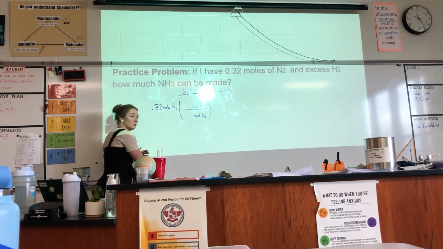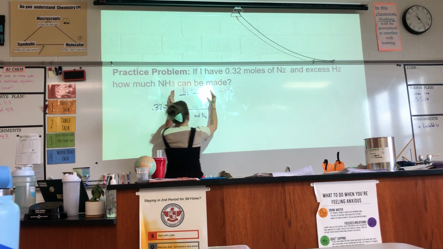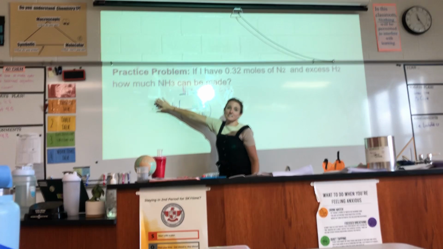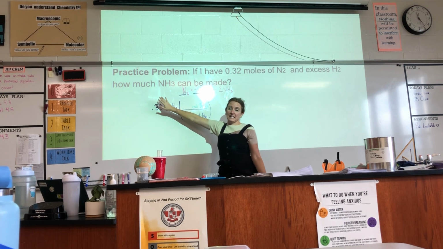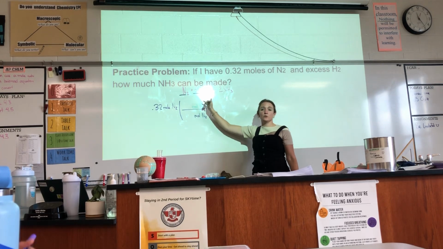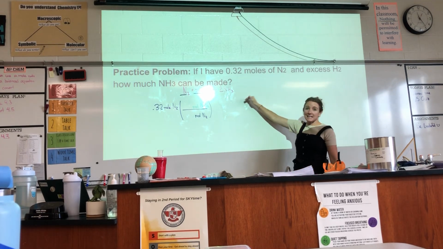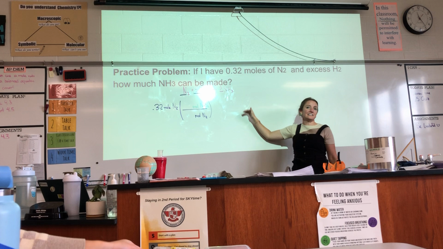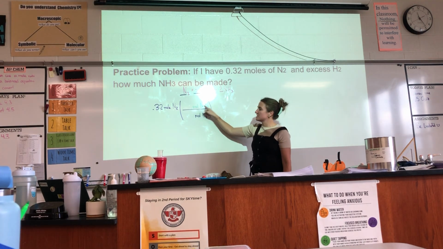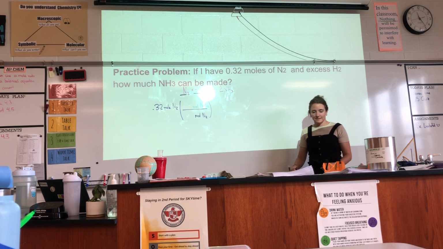Now anytime you have a fraction like this, a conversion factor, it is independent of the problem. It has nothing to do with this number. It's just what numbers correlate those two units together. Just like if it was inches over feet, it's 12 to 1. So how do I connect moles of nitrogen to moles of ammonia? Jack?